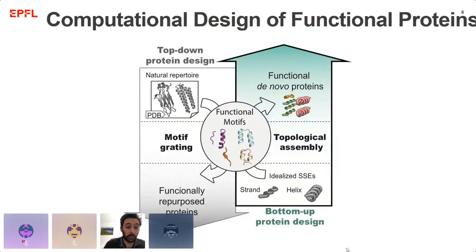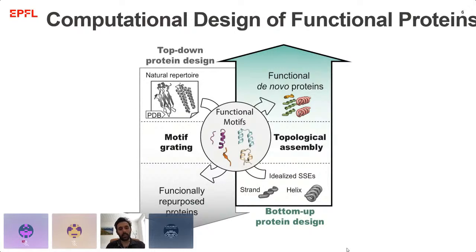So thinking about how to design function into proteins, in this diagram I show two approaches to this same problem. On the left side, you have a top-down protein design approach, where you start from the natural repertoire, use the functional motifs that you see in the middle, and end up with functionally repurposed proteins.